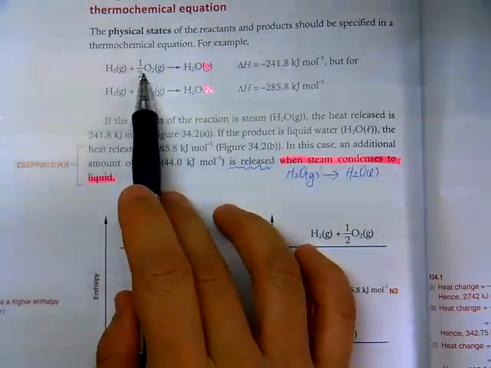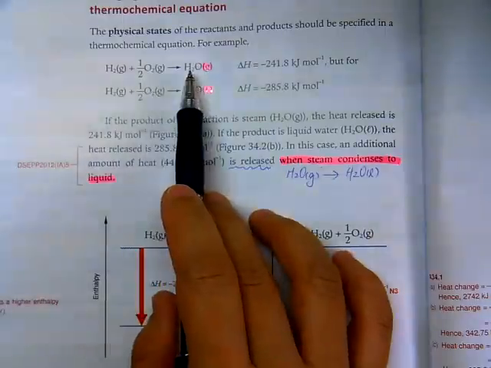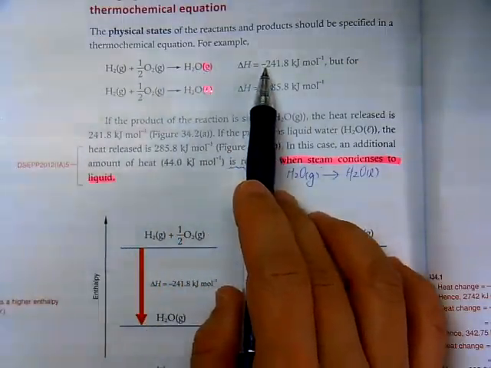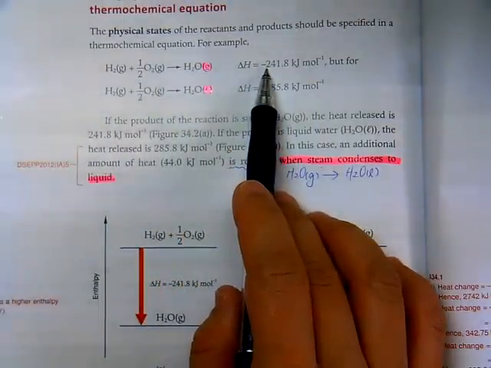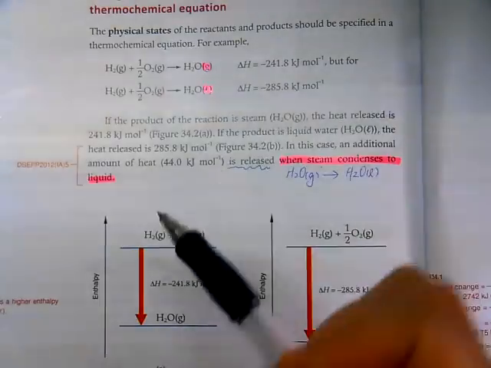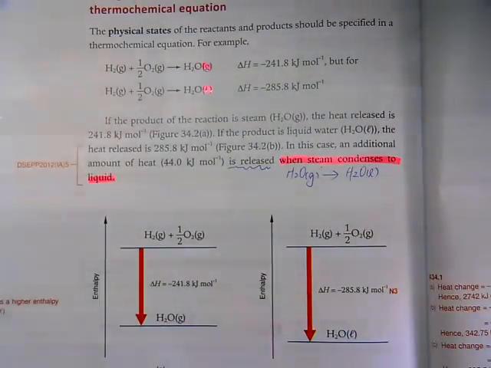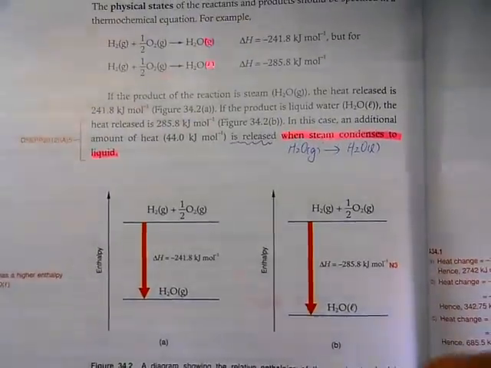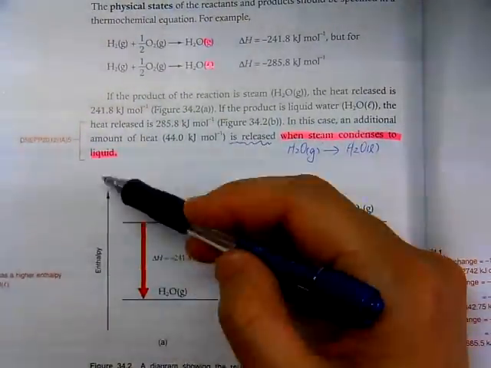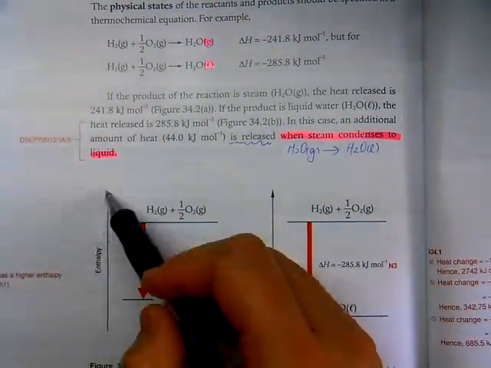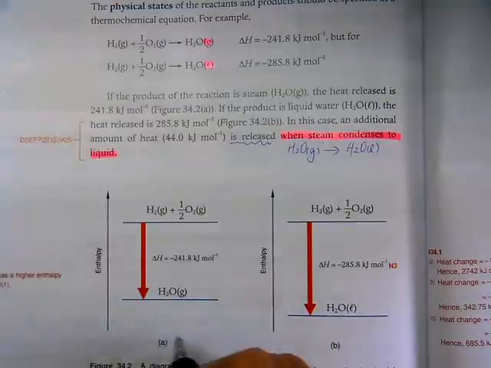H2 reacts with half mole of O2 gas to form H2O gas. It is an exothermic reaction. Exothermic means pointing downwards. Okay? So look at the enthalpy level diagram. Bear in mind, you are required to label the axis. The y-axis is enthalpy. The x-axis is reaction pathway.